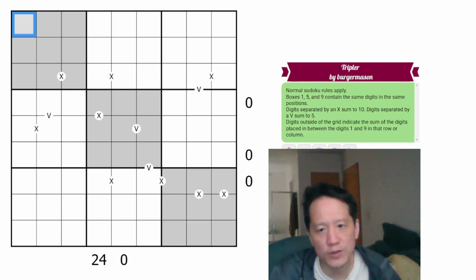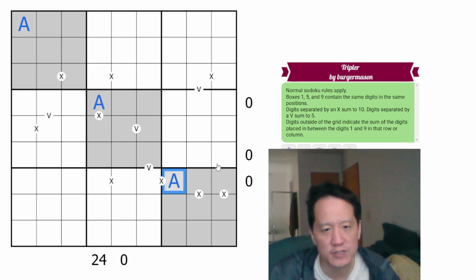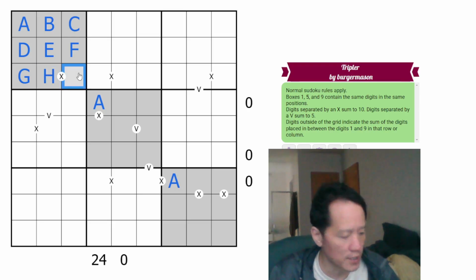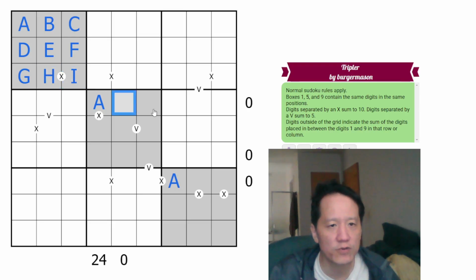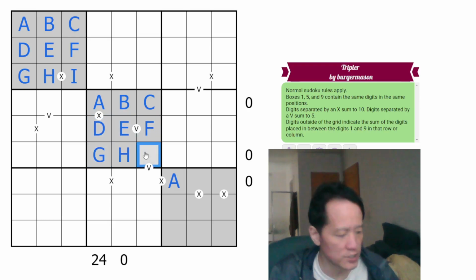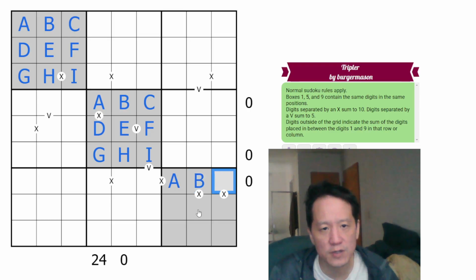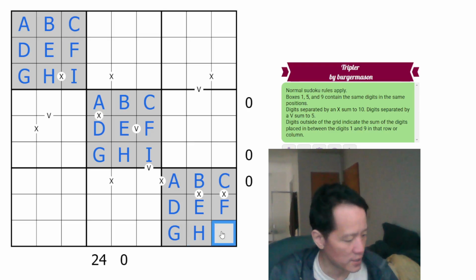So we know this digit, we're going to make it A, must be the same as this digit, which is the same as that digit. We're going to label these A, B, C, D, E, F, G, H, and I, and these have to be equivalent. Same here: A, B, C, D, E, F, G, H, and I.